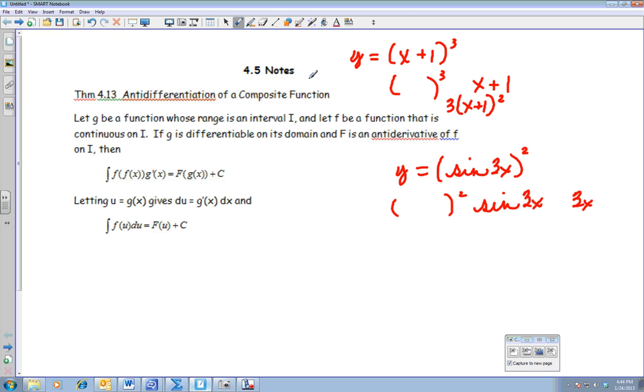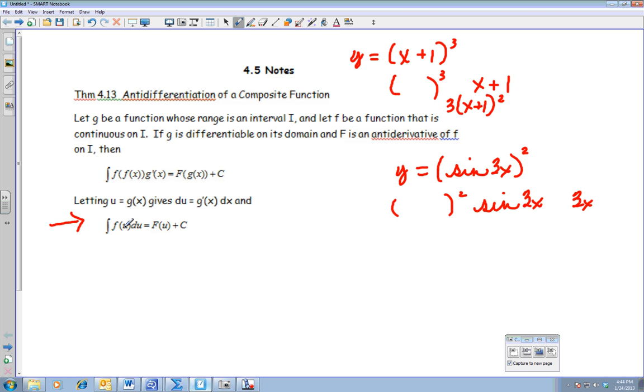I've written down theorem 4.13, and when you read through it, it's just not going to make a lot of sense to you. But I want you to look at this part right here. If I'm integrating f of u du, u is going to be some function on the inside. It was too much for them to write all of g of x, so they're going to use the variable u.